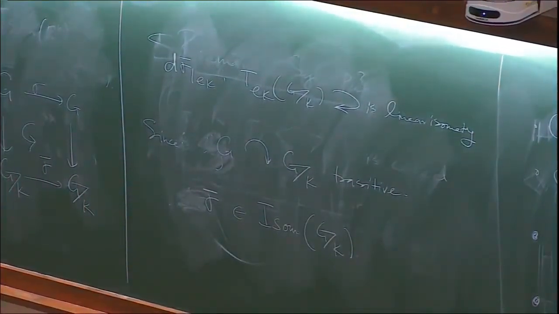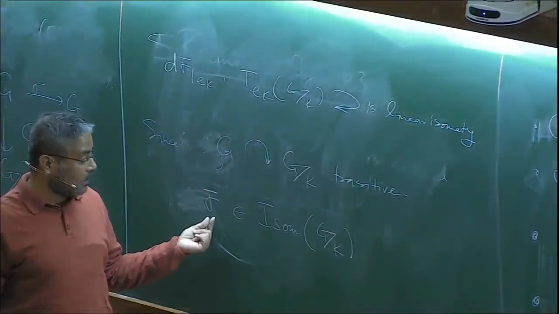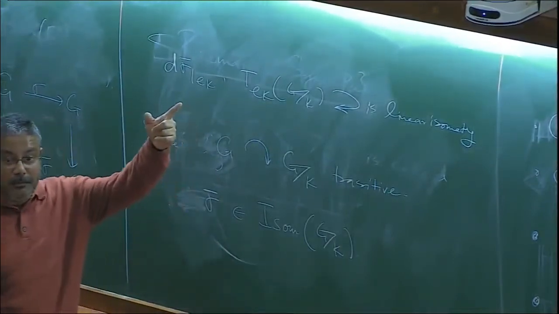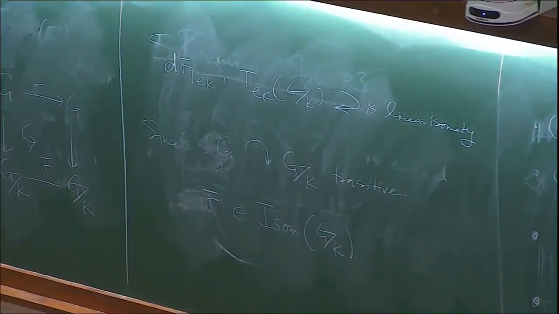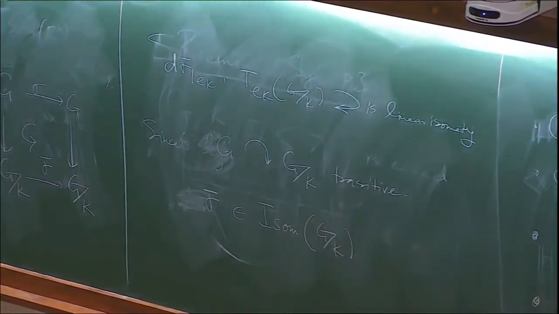Since d sigma bar at Ek is minus identity, Ek is an isolated fixed point of this isometry. So I know that G acts transitively on G mod K, and I have produced a reflection at the point Ek. By the remark that I made before, you can get the isometry at every other point. So this is a symmetric space, and every other symmetric space is going to look like this.